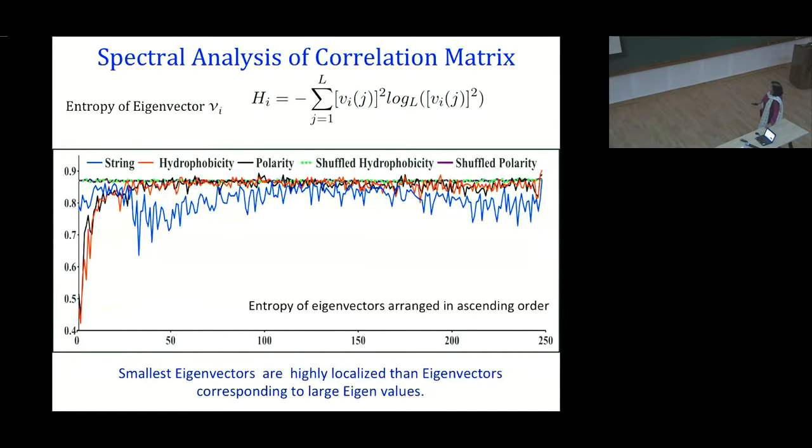And this is a graph in which on this axis are the eigenvectors arranged in ascending order, and this is the entropy. We find that in the string-based, so the frequency-based, the entropy is quite random. But for the hydrophobicity-based, you see that there's a distinct preference of information from the lower eigenvectors.